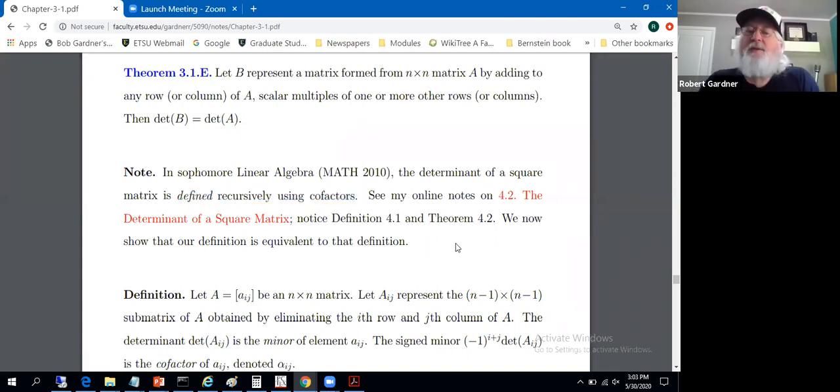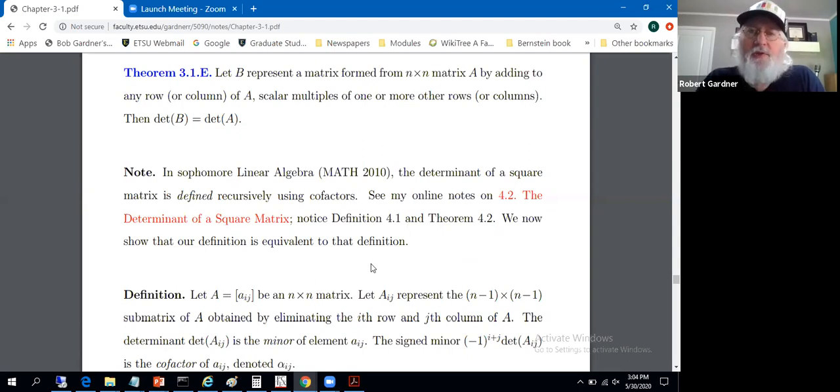What we'll do next, so I'll stop this video here in a sec, is go through and show that the recursive definition you had, expanding determinants along your favorite row or column, is consistent with what we've defined here. What makes a row so seductive in terms of taking determinants? Having lots of zeros in it. The more zeros you've got, the better off you are.